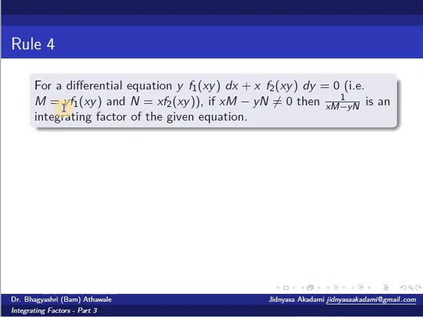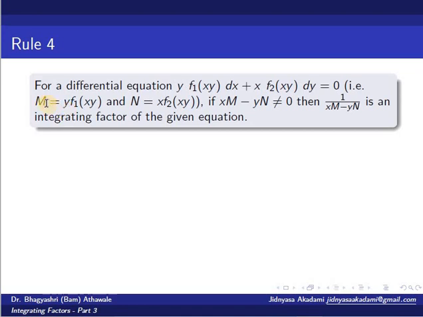Now my m is y into some function of xy, that means m contains algebraic terms like x raised to h, y raised to h plus 1 always, because it is y into a function of xy. In a function of xy, the term should be x raised to h, y raised to h.